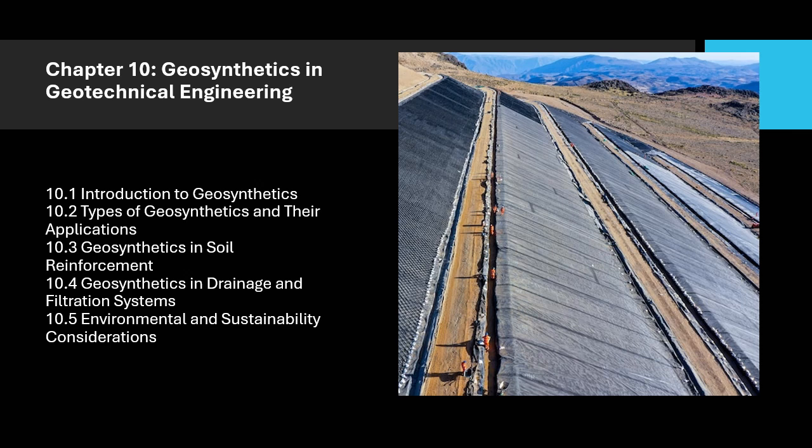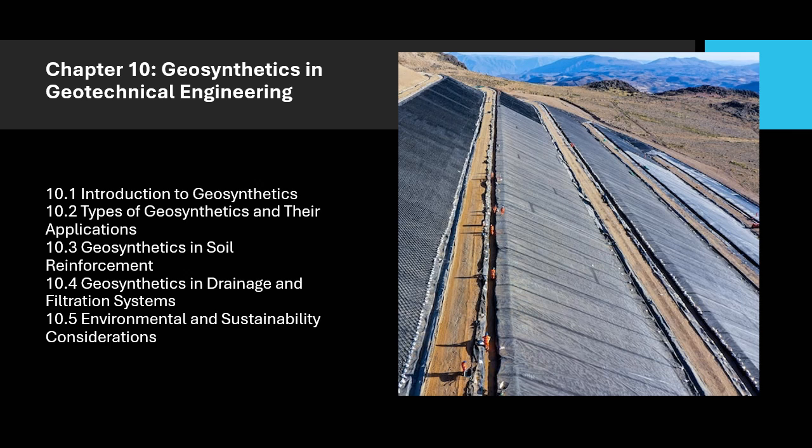4. Stress distribution. Geosynthetics improve the load distribution within the soil. When incorporated into soil layers, these materials help to spread the applied load more evenly, thereby reducing stress concentrations and preventing failure. 5.